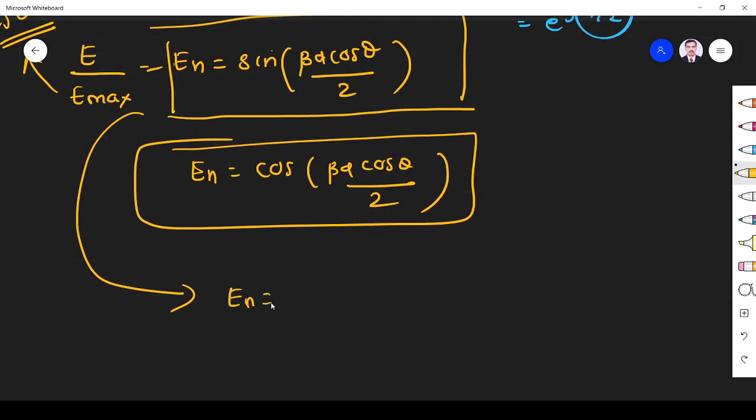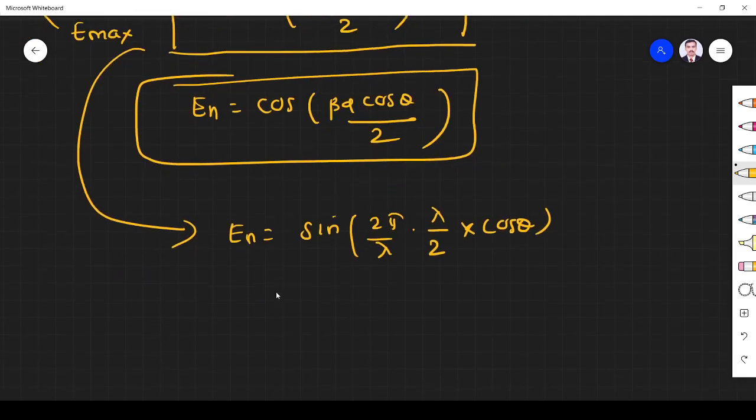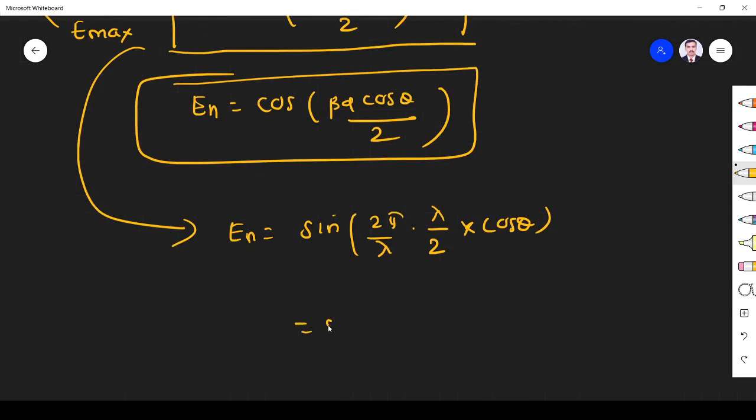En is equal to sine, beta is equal to 2 pi by lambda. d is the distance between the reference and the point source, so it is lambda by 2, not d by 2. From the diagram you can understand. So En is equal to sine of pi by 2 cos theta.